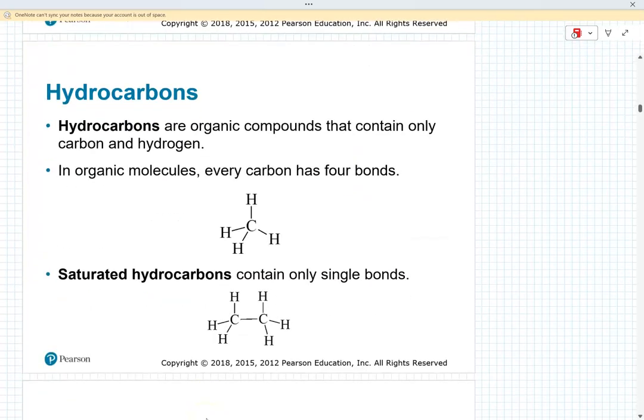So the simplest class of organic compounds are hydrocarbons. These molecules consist only of carbon and hydrogen atoms. Okay? Sounds good? And one of the fundamental differences between organic and inorganic compounds is the number of bonds that carbon can produce.